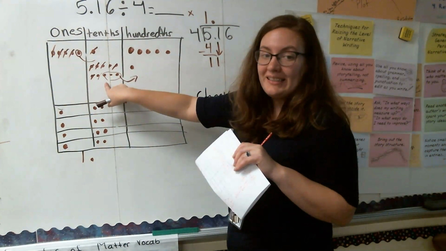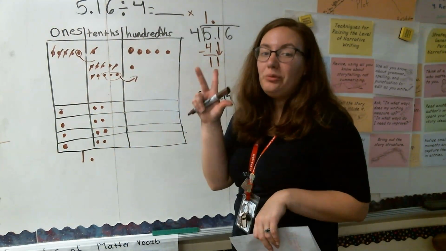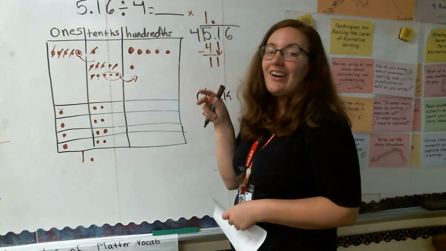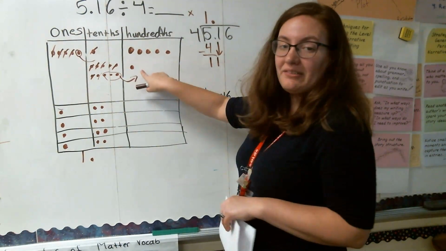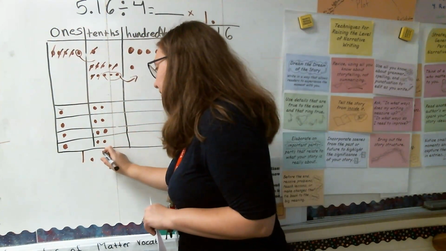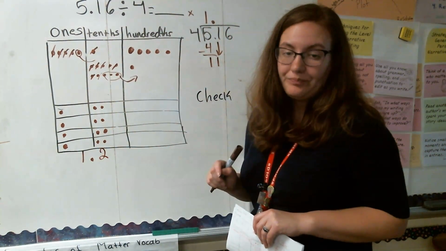So if I have 1/10, it's going to become 10 hundredths. But right now I have 3 tenths. So that's going to become 30 hundredths. So take your time and show me what 30 hundredths would look like. And then also at the bottom, we're going to write the answer for this place value, which is 2.